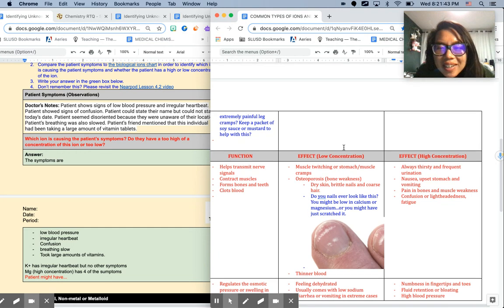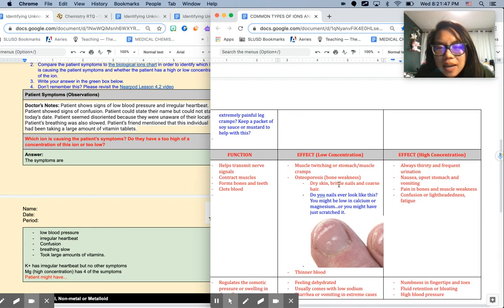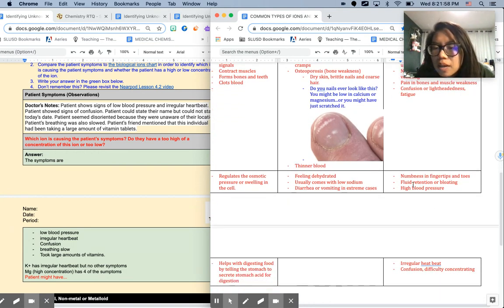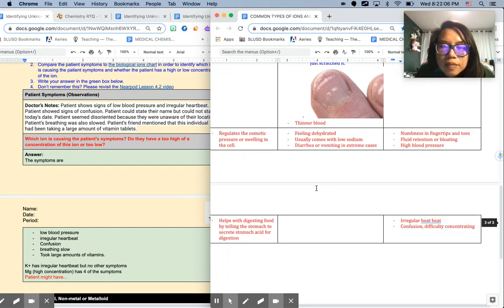So here, moving on to this one, what do we got here? So Ca, muscle twitching, dry skin. There's no symptoms of that. Thirst, nausea, confusion, and lightheadedness. That's only one of the symptoms. Numbness, confusion. And this one, feeling dehydrated.